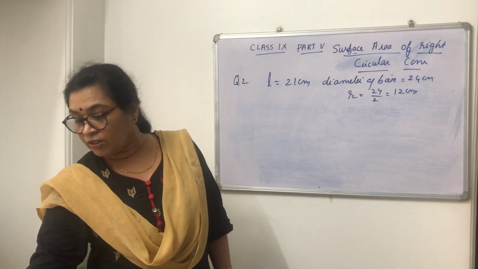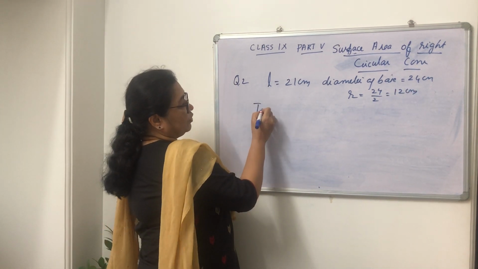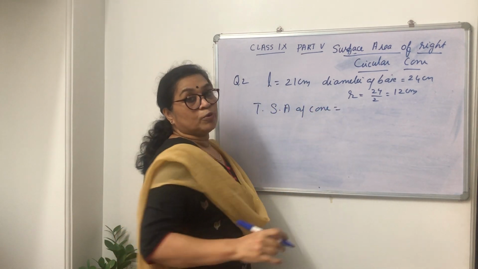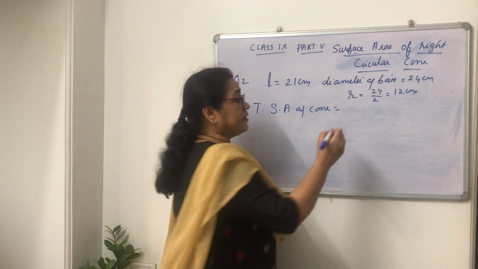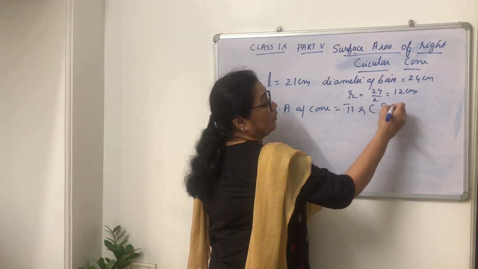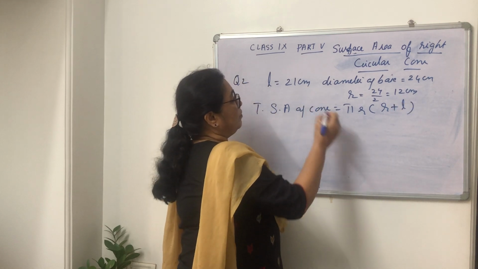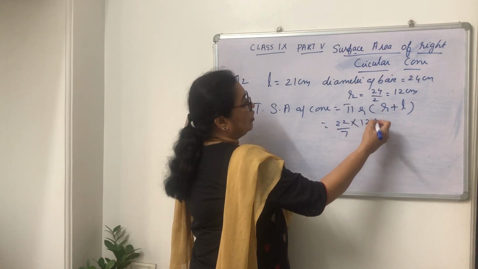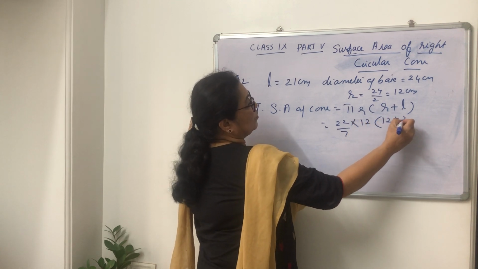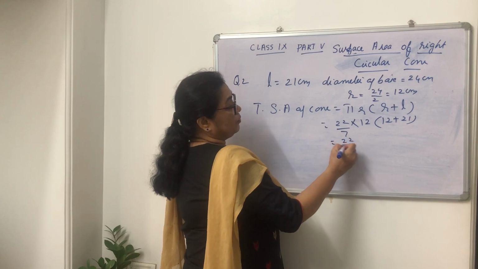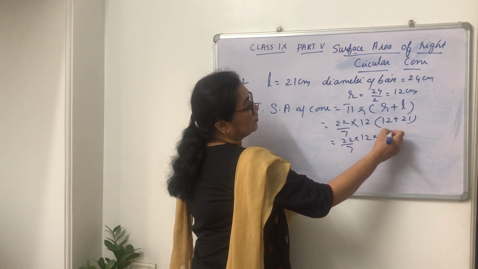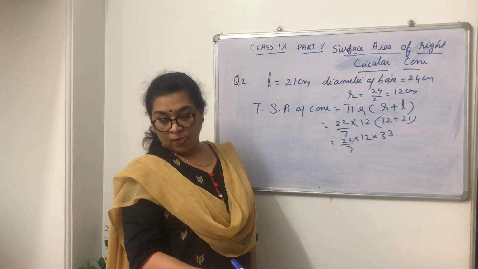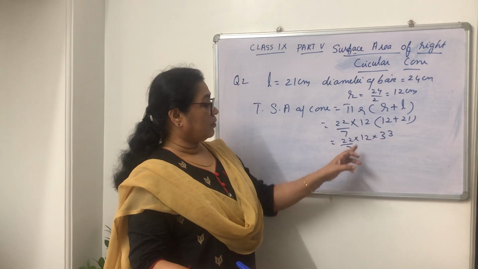You need to find out the total surface area of the cone. You know the formula pi r squared plus pi r l, that is pi r into r plus l. Pi is 22 by 7, r is 12, this is 12 plus 21, 22 by 7 into 12 into 33. So here, multiply this, you cannot cut it.